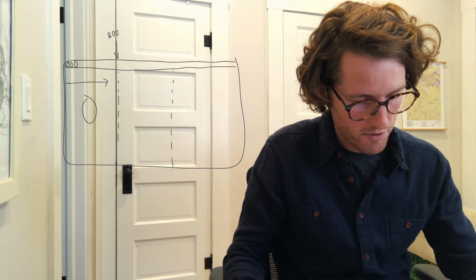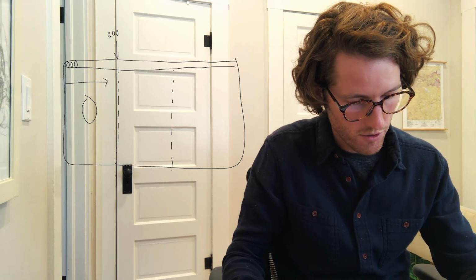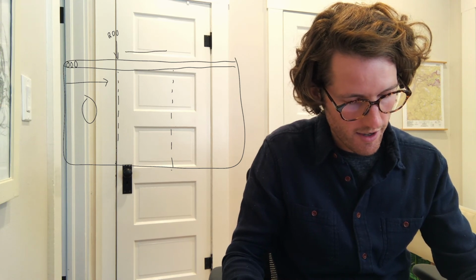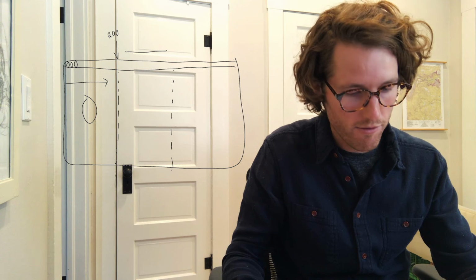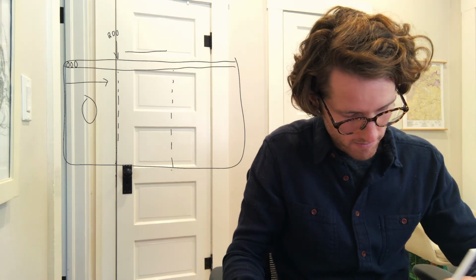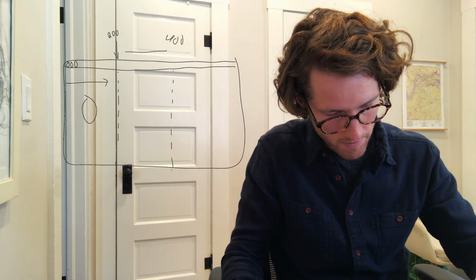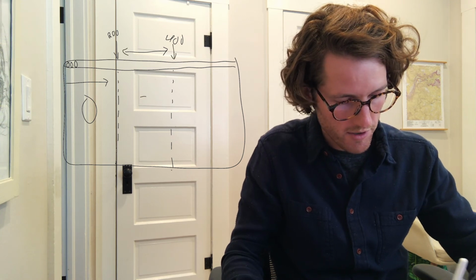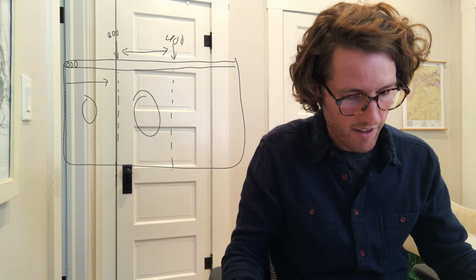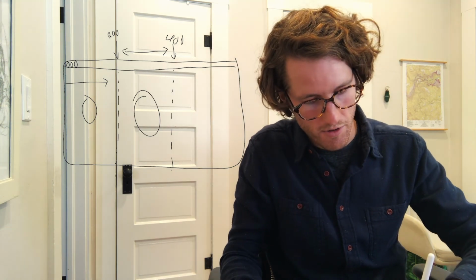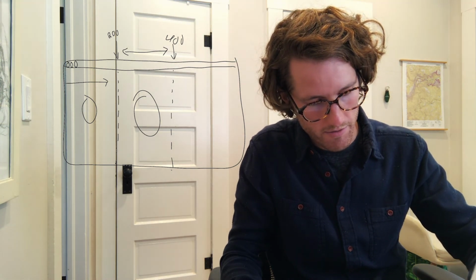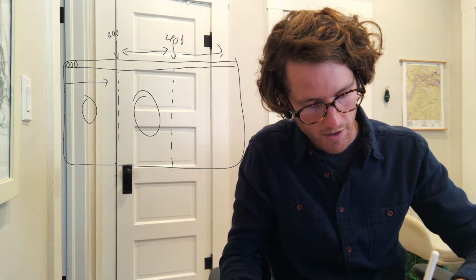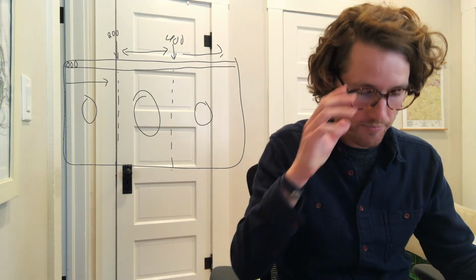If X is between 200 and let's say 400, then we know that we're somewhere in this part of the screen. And if mouse X is greater than 400, we know that we're on this side of the screen.